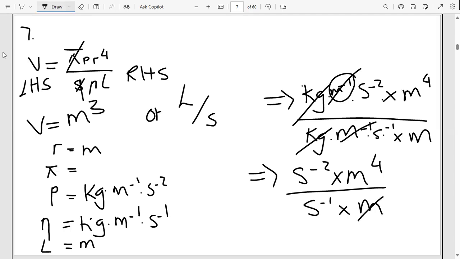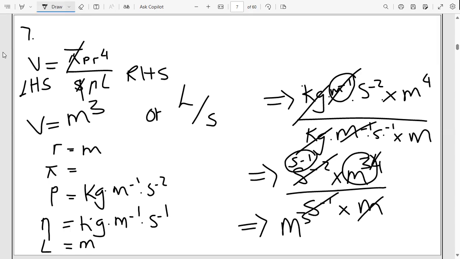So m can cancel out with one m here, such that I remain with m to the power 3. Then the s to the power minus 2 cancels with one of the s, so I remain with m to the power 3 as a numerator and second to the power minus 1.